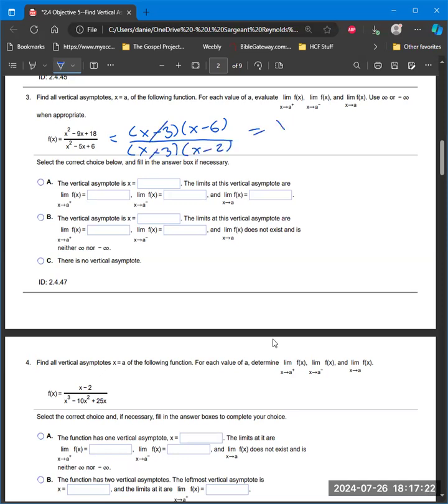That's going to be x minus 6 over x minus 2, as long as x is not equal to 3. So there's a hole in the graph at x equals 3. And that's going to be -3 over 1, which is -3. So there is a vertical asymptote at x equals 2.